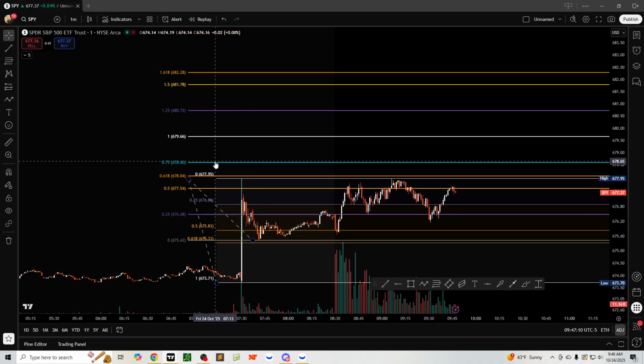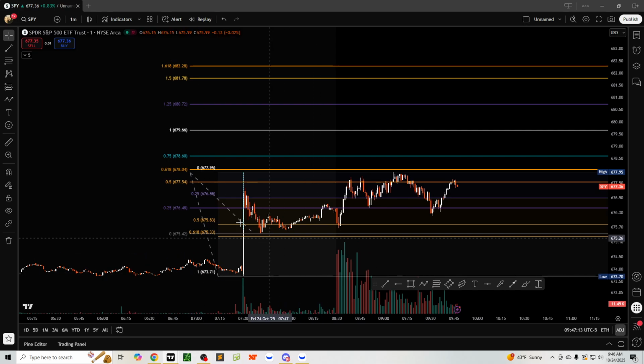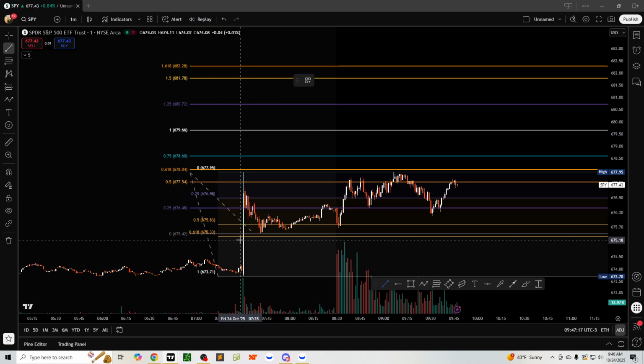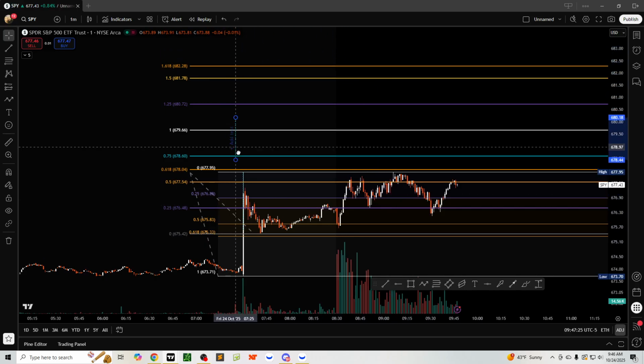So past that, I know that this is what we're looking for, is that move from that 618 down to the full retrace is going to be the 1 up here.